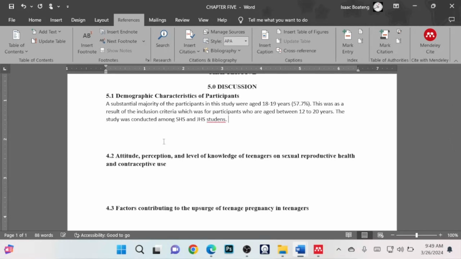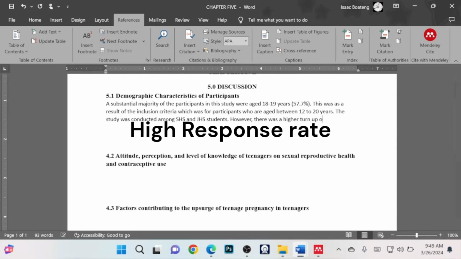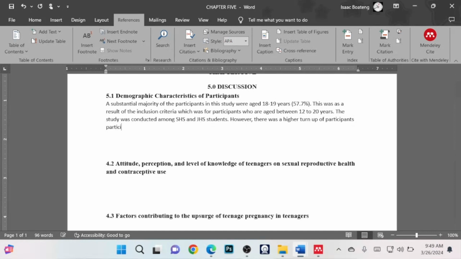However, there was a higher turn-up of participants, particularly in the senior high schools.